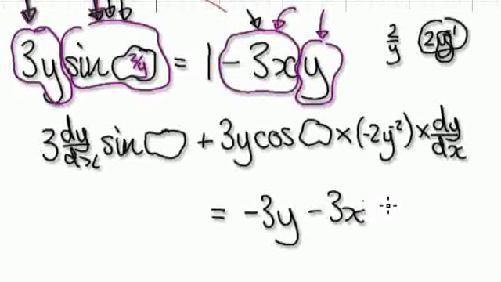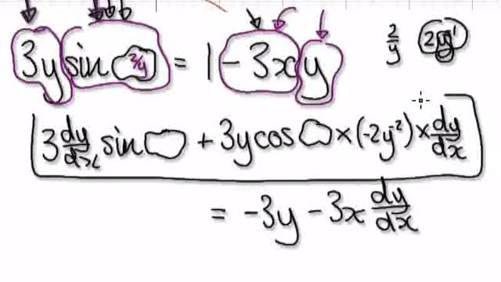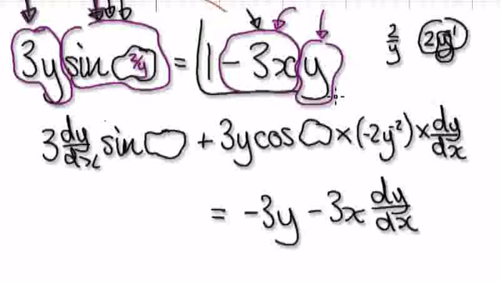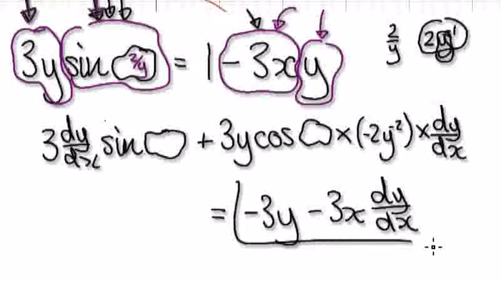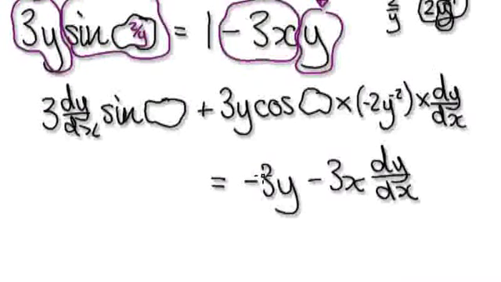But then because y is a function of x, we have to do dy by dx. Okay, so the left hand side here is this whole thing here, and then the right hand side here is just this here.